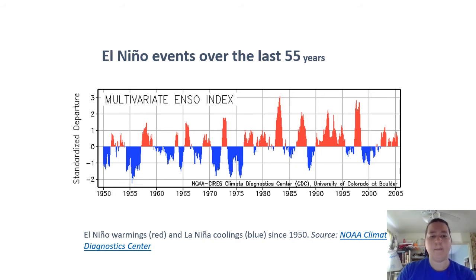But one of the things we're noticing is that they're becoming more common, and you can see they're also becoming more extreme in some cases. So that's one of the things we're looking at as one of the consequences of global climate change, is it's increasing or exaggerating this pattern.